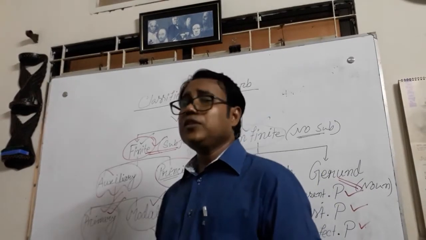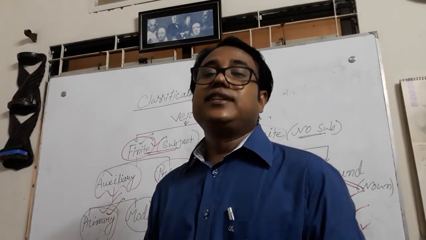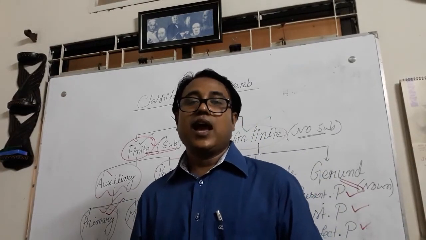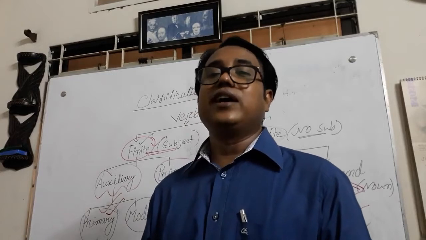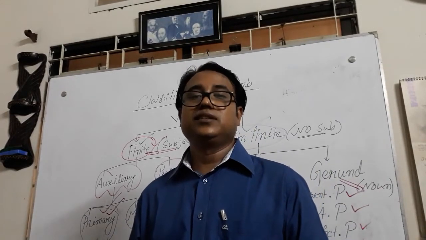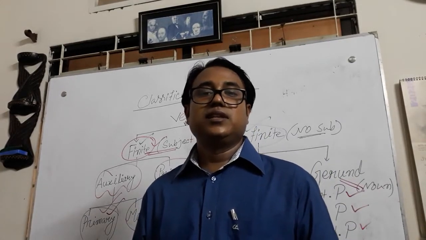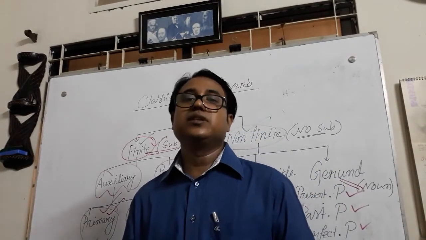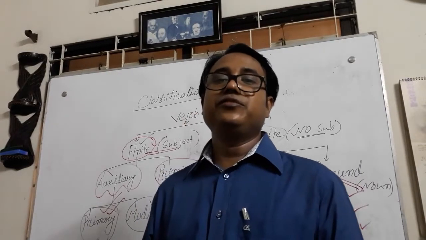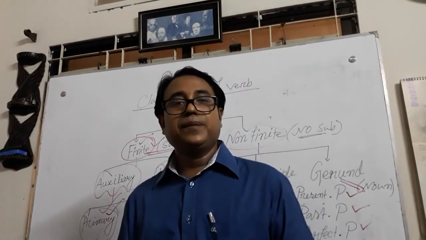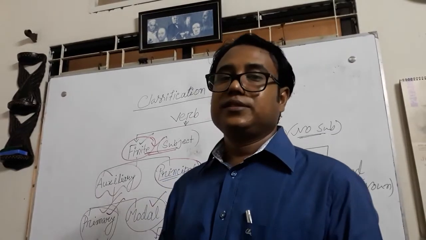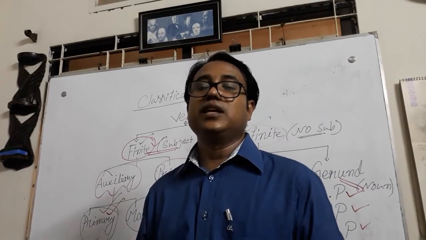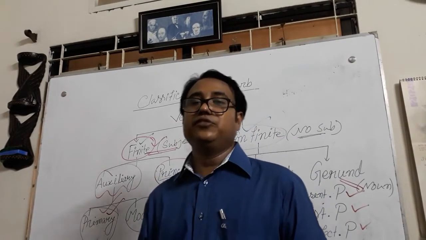Actually, finite verb takes place with subject, and non-finite verb hasn't any subject. So, dear learners, keep it in your mind. Finite verb takes place with subject and non-finite verb hasn't any subject.